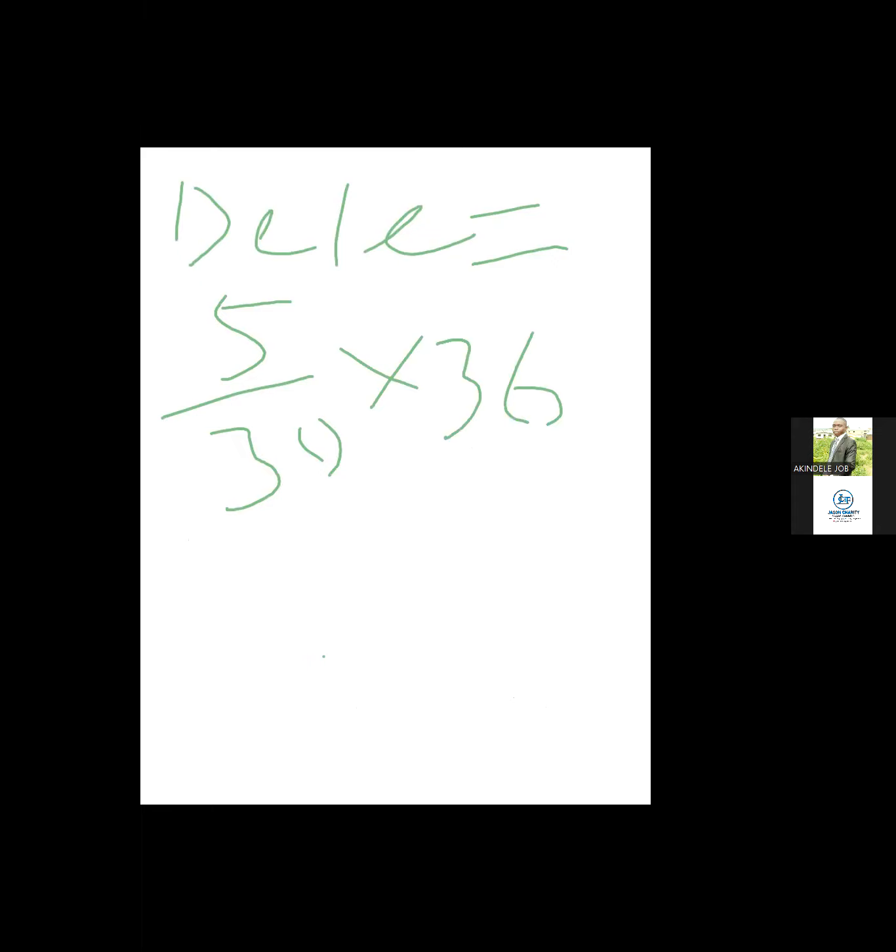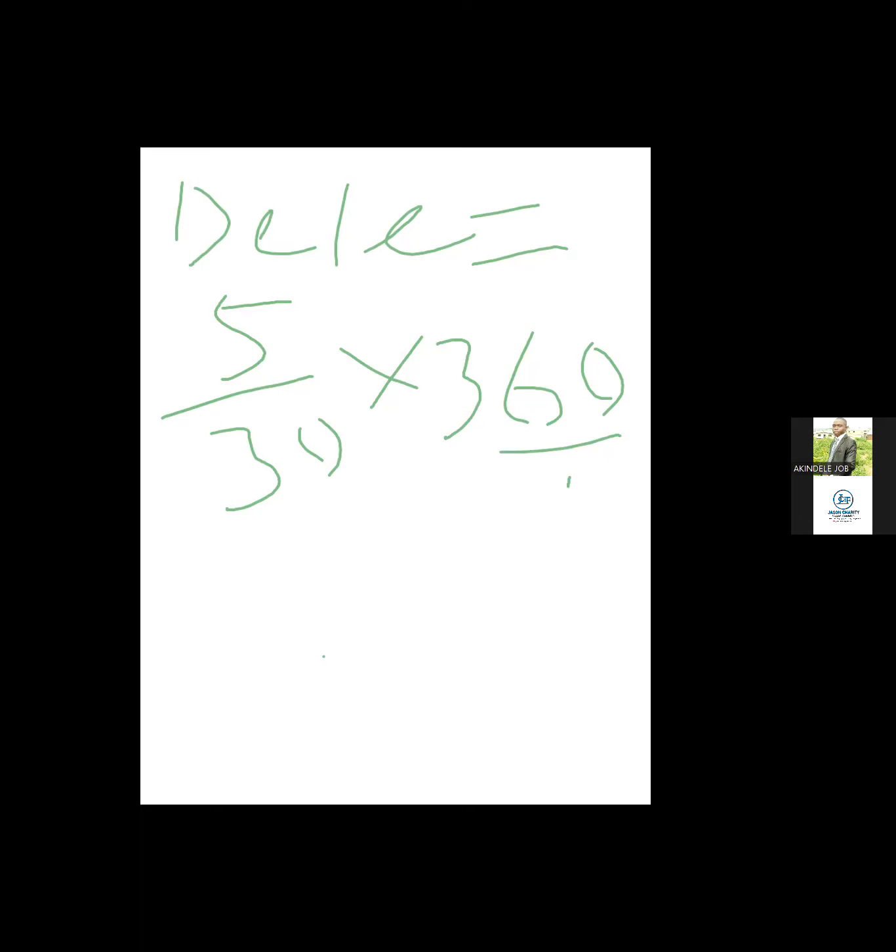Now, why do we use 360? 360 is the sum of the angles in a circle. And we said a pie chart simply means the representation of information using a circle. So the sum of the angles in a circle is equal to 360.